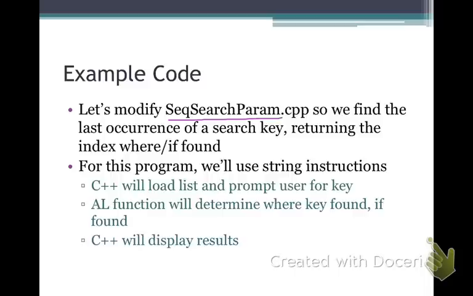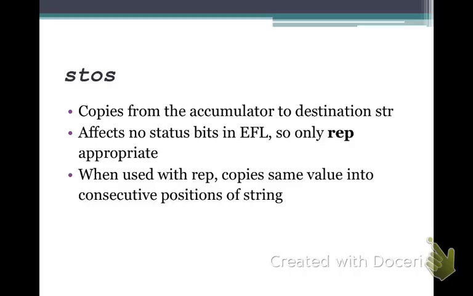All right, finally, two more. Let's start with store string. Store string copies a byte, word, or double word from the accumulator to an element in the destination, being pointed to by the destination index register. This affects no flags, no status bits in EFlags, so only the repeat prefix is appropriate to be used.